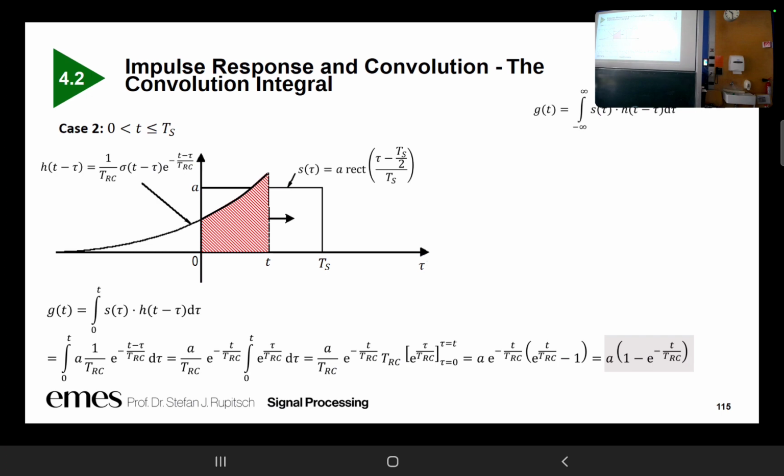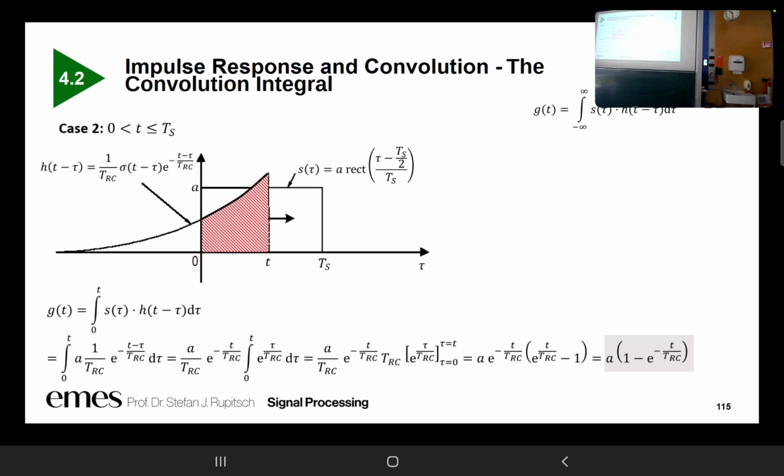This is then the shifted version of our impulse response. We have t minus tau here, and this is the input signal. For us, the relevant part is this red hatched area of the overlap.